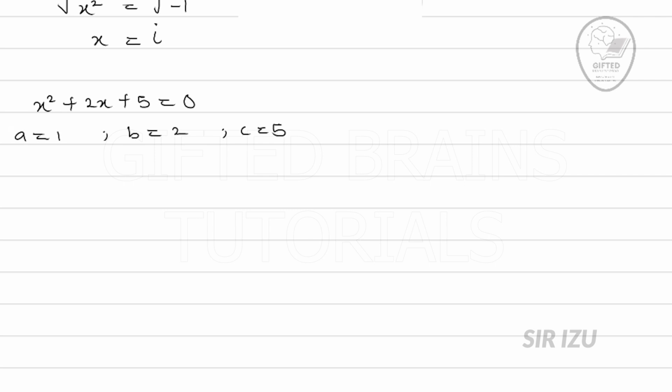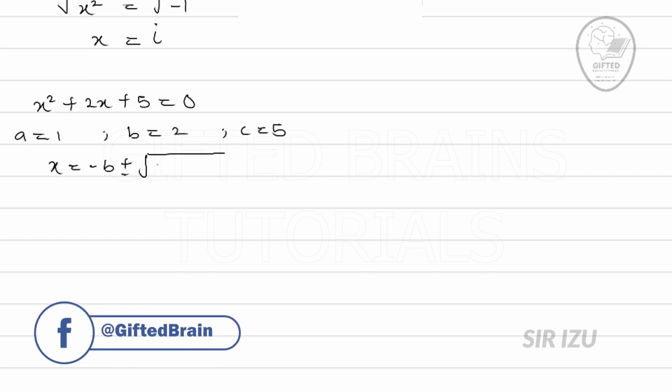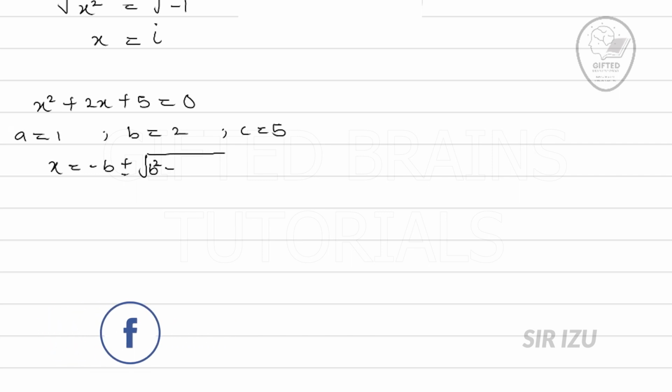Now, the solution is given as x equals minus b plus or minus the square root of b squared minus 4ac, all over 2a.